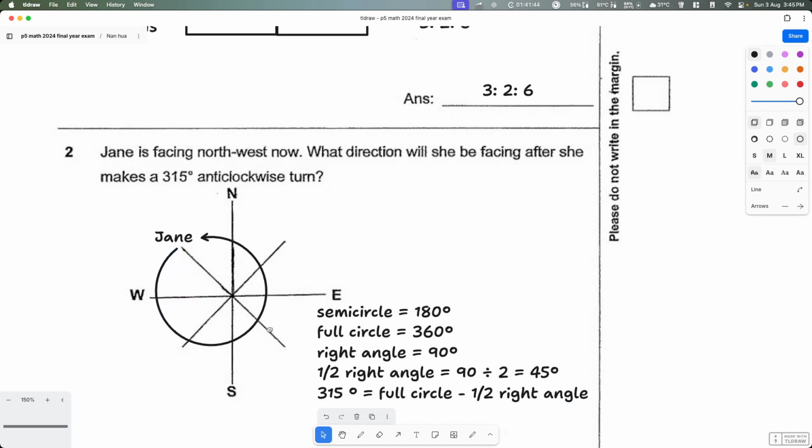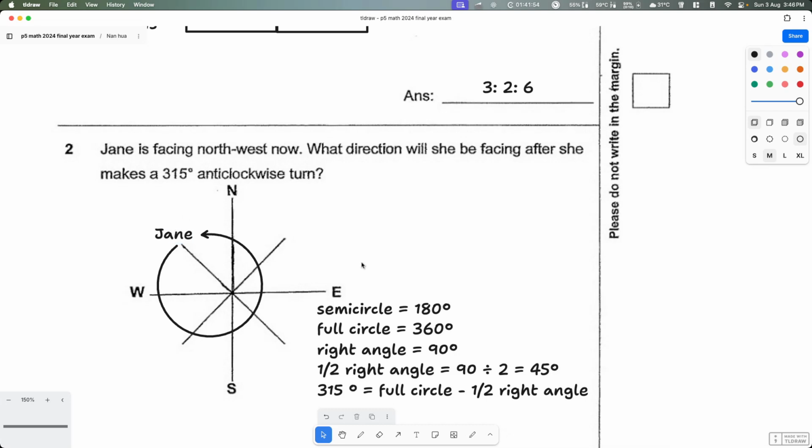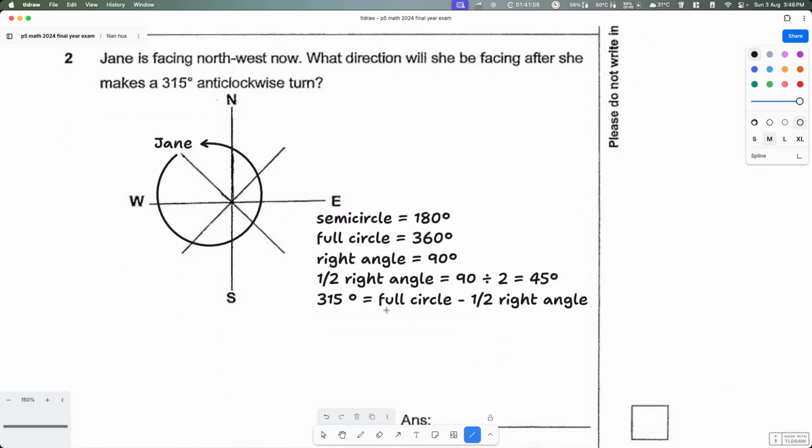Then we have Jane at the full circle, 360. I'm going to put a line here to indicate this in red, and then another line where it is 315 degrees, which is minus half a right angle, like what you see over here.